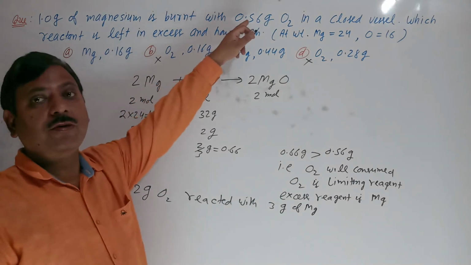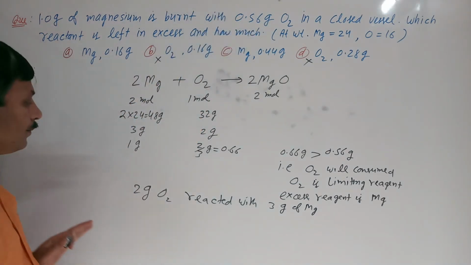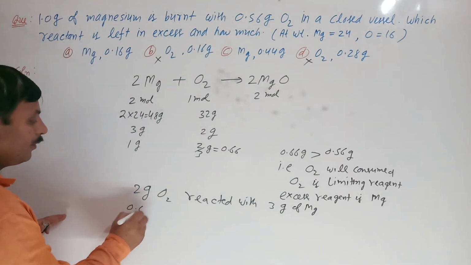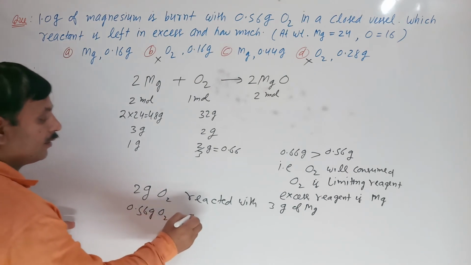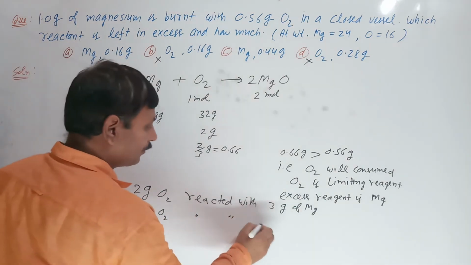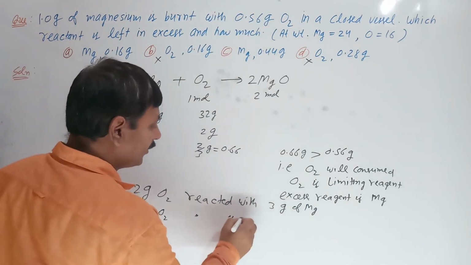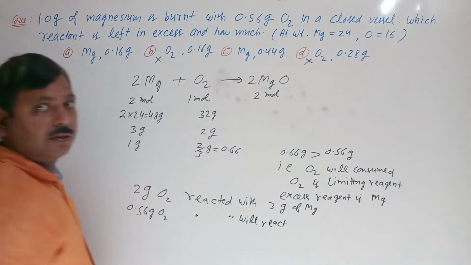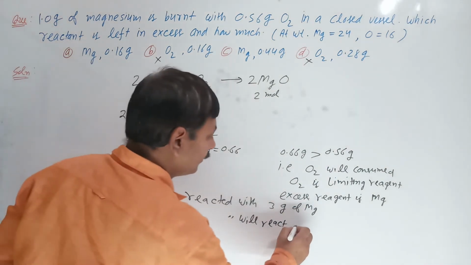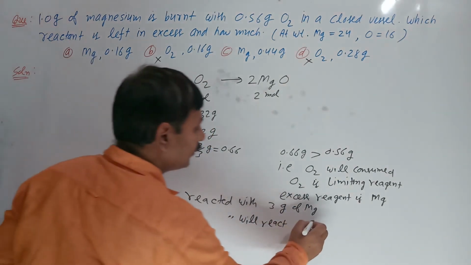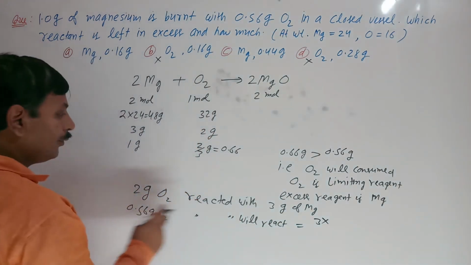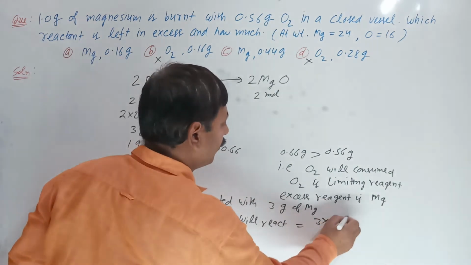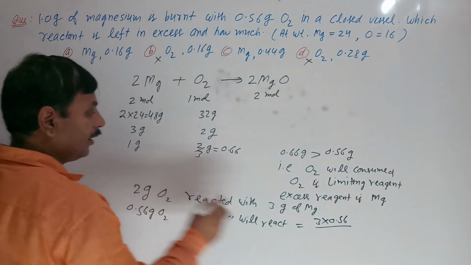How much gram is available? 0.56 gram of oxygen will react. How much? So 3 into 0.56 divided by 2.